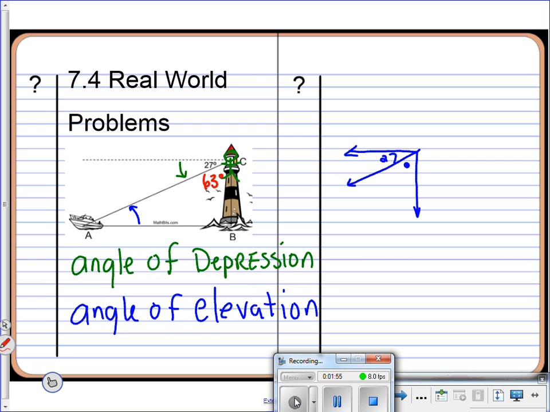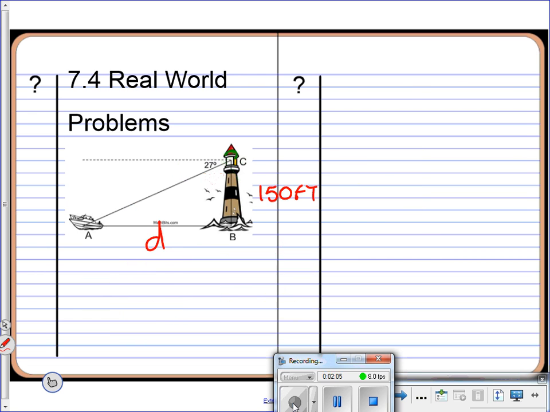So now remember, we want to be able to look and find different things about these kinds of figures, and we're going to need to understand our vocabulary words of angle of depression and angle of elevation. Okay, suppose you walk into this problem and I tell you, here's a lighthouse, and the angle of depression is 27.